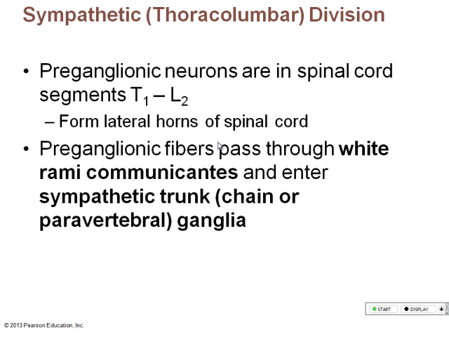Preganglionic neurons are in the spinal cord segments from T1 to L2 in the thoracolumbar division of the sympathetic nervous system.